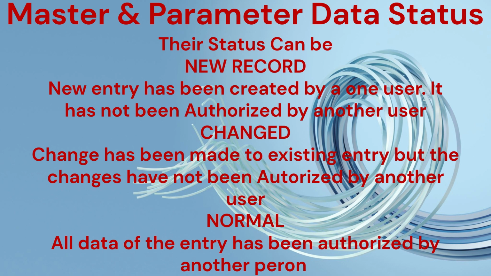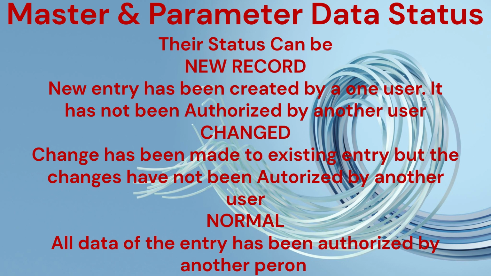It has not been authorized by another user. This entry will be ignored in the system as if it does not exist. For example, if a new partner has been created but not authorized, financial transactions cannot be posted to that partner account until it is authorized by another user.